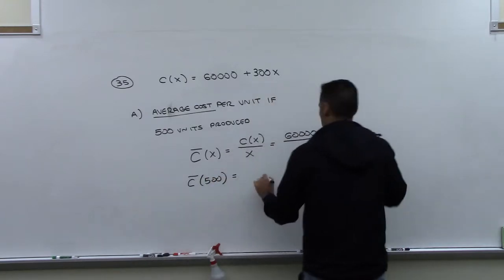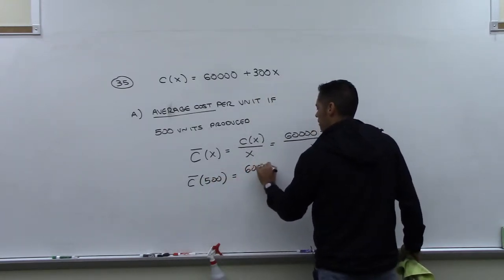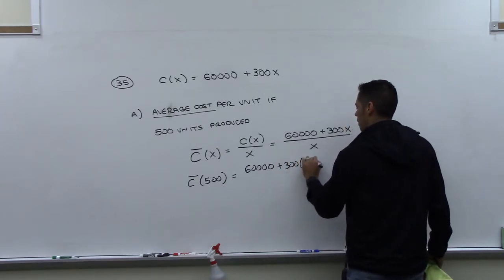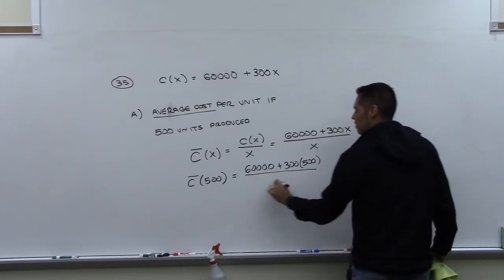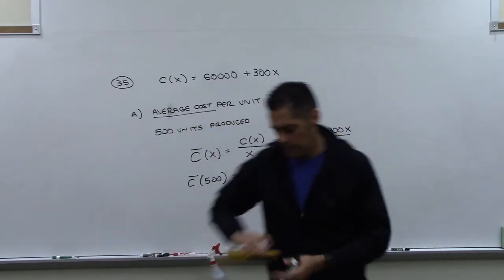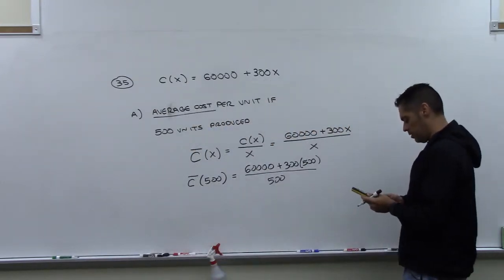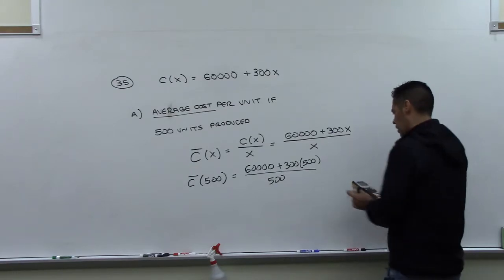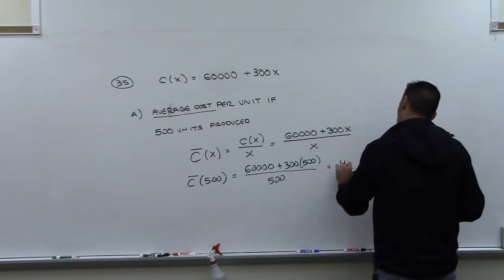So all we have to do is plug 500 in for x. 60,000 plus 300 times 500 all over x is 500. So I'm just going to grab my calculator real quick and do this. So 60,000 plus 300 times 500, and then divide that by 500. We get exactly 420.